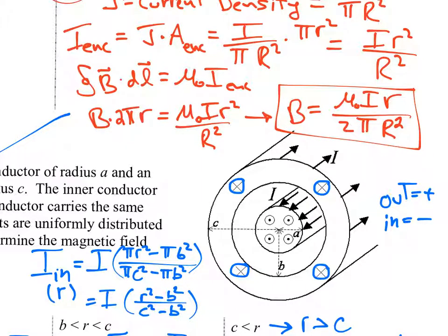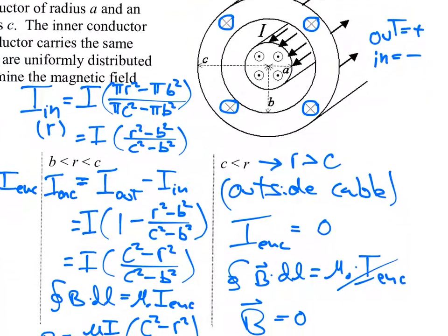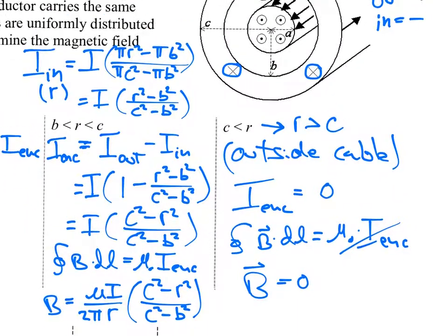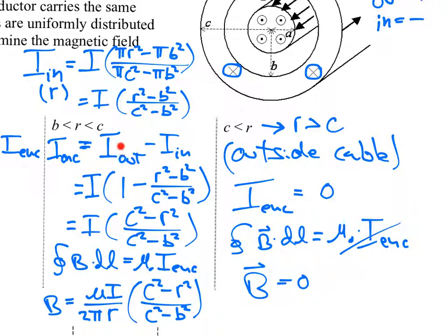Now when we apply that with Ampere's law, our enclosed current is the current going out, which is positive, minus the current going in, which was negative. This process works out pretty simply, but it seems more complex than it is just because of this current business. Don't let all these details distract you.